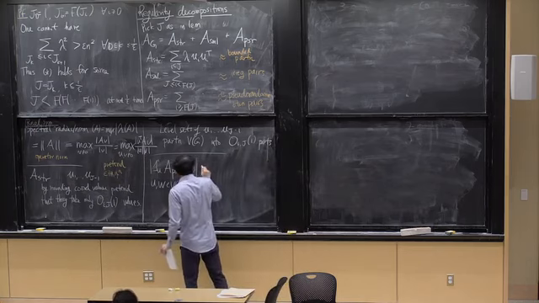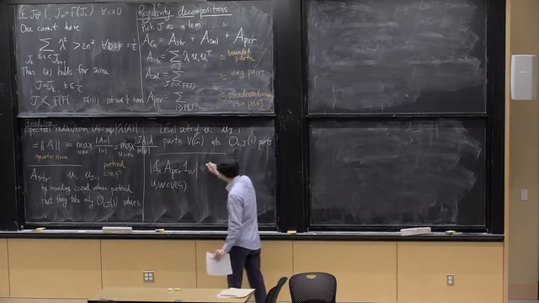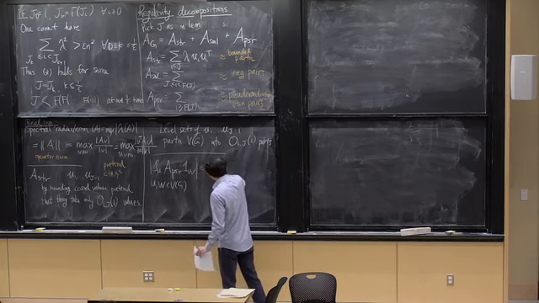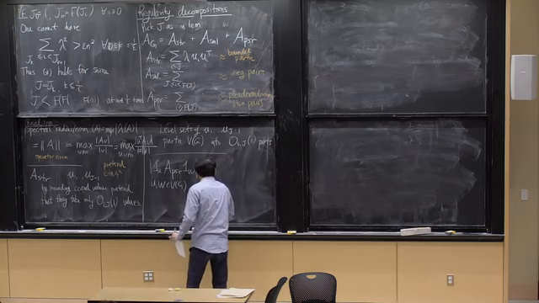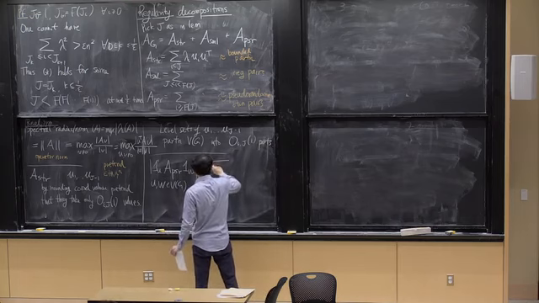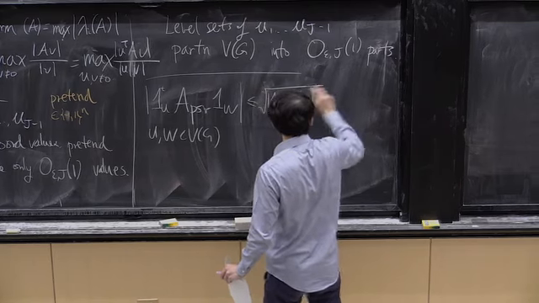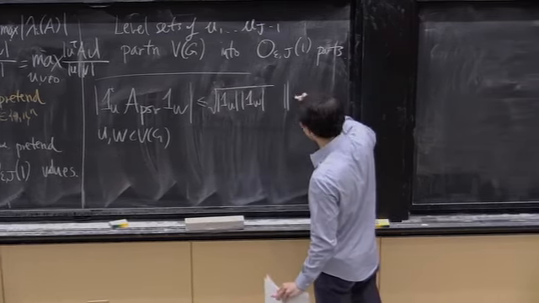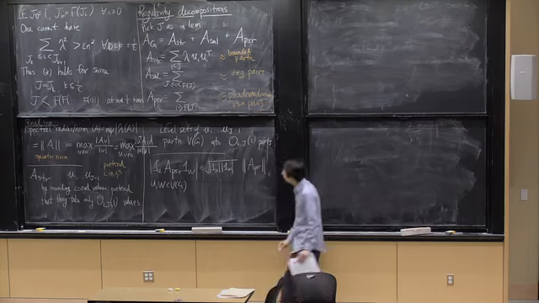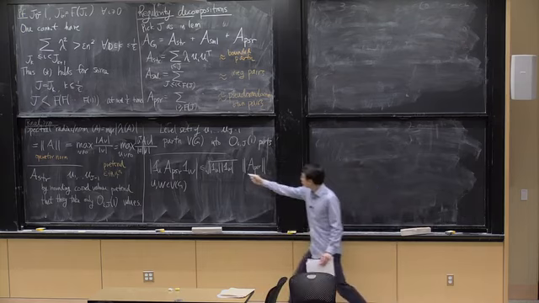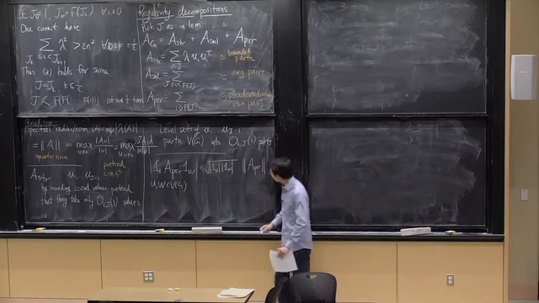This number here is at most the norm of the indicator of U times the norm of the indicator of W, multiplied by the operator norm of the pseudo-random part of A. But these two norms are at most root n each.